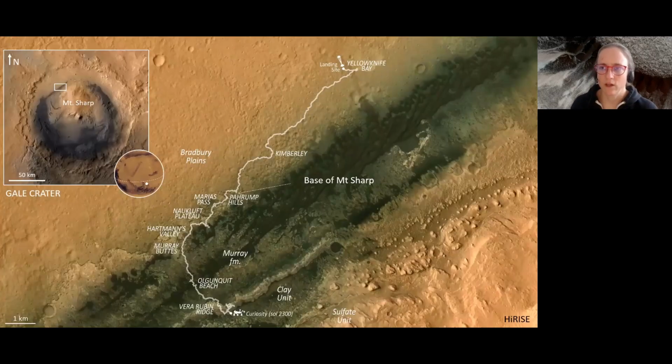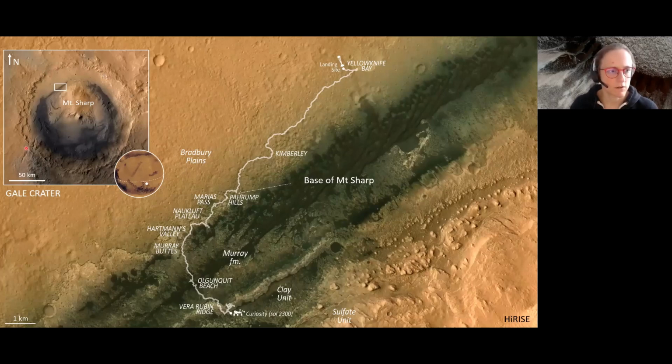So now I'm going to take you to Gale Crater, where the Curiosity rover, or MSL, landed. This is a Martian globe to show you the location of Gale. This is an actual image of Gale Crater.